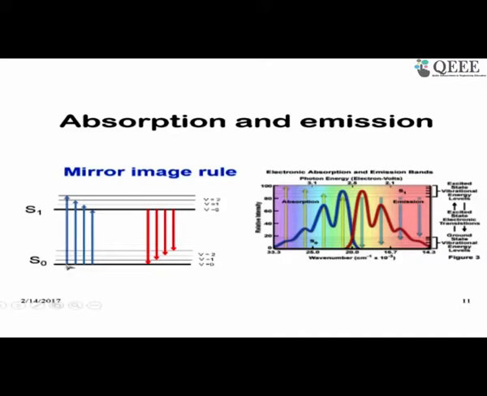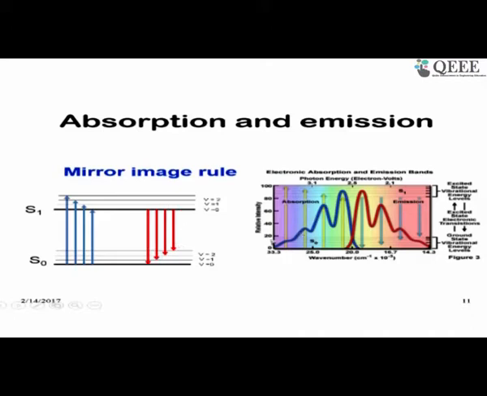Absorption is possible from S0 to all the vibration energy levels of S1, and emission is possible from the lowest energy state of S1 to all possible vibration energy levels of the ground state. So in other words, as long as there are discrete vibrational energy levels, you can have several absorptions and several emissions. That's why it is structured.